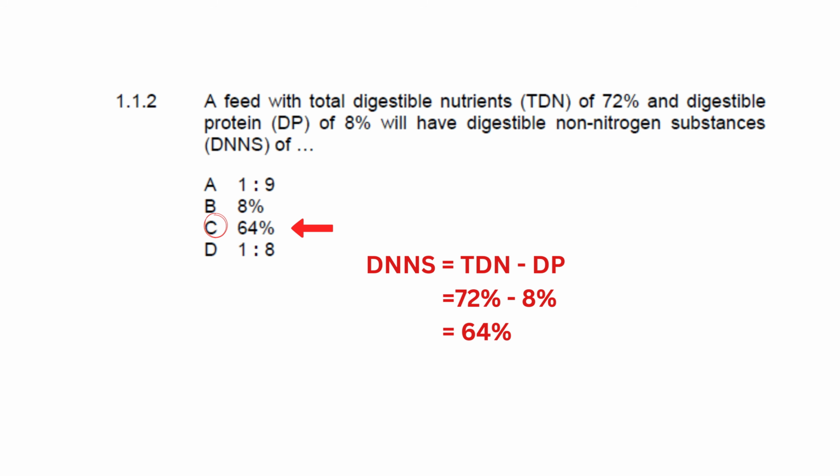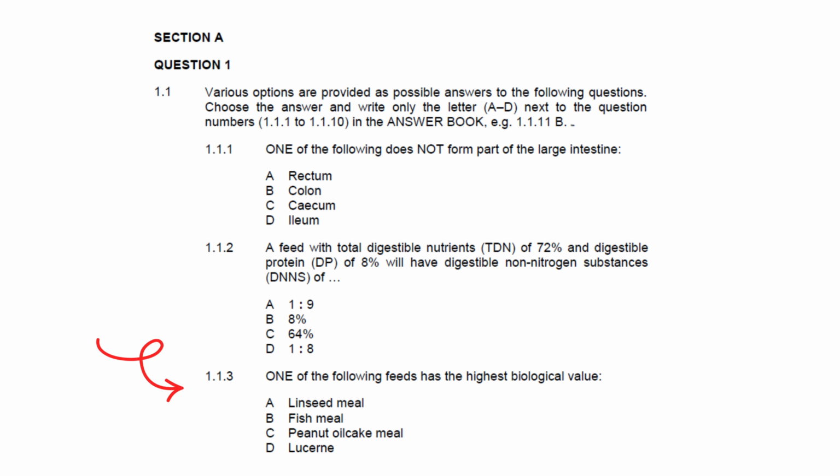Then we move to 1.1.3. One of the following feeds has the highest biological value. You have linseed meal, fish meal, peanut oil meal, and leucine.